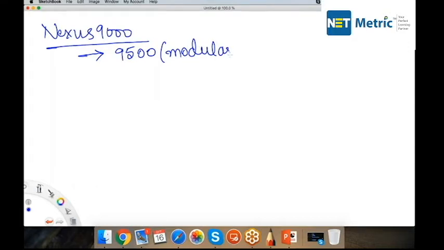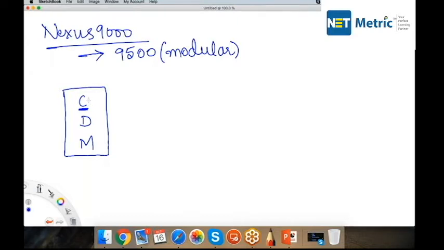This is a hardware chip that is always present on the switches or on the line cards, which gives some sort of intelligence. So, depending on the ASIC, the device will either behave as a leaf or a spine. We'll get into the details as we move on.